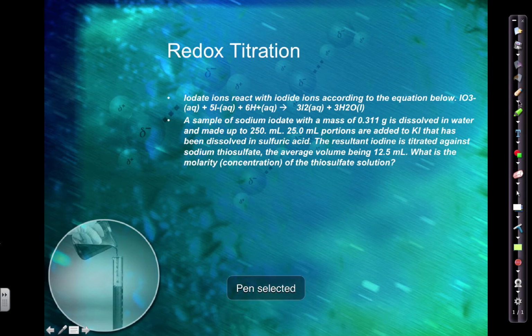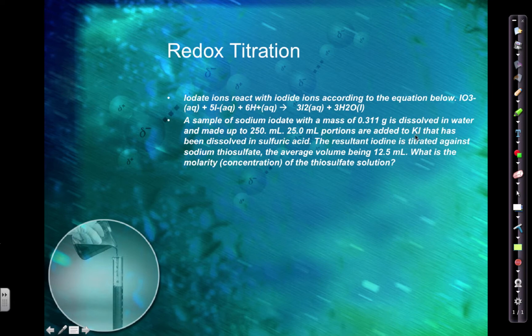All right, so when we're looking at this, there are actually two reactions happening here. They're adding sodium iodate into water, so they made a solution of sodium iodate, and then they added 25 milliliters of that sodium iodate solution to potassium iodide. So that's the first reaction right here, this one: iodate plus iodide ions.